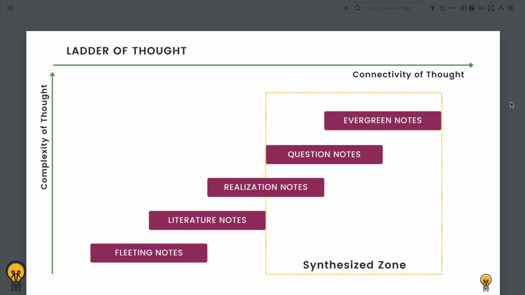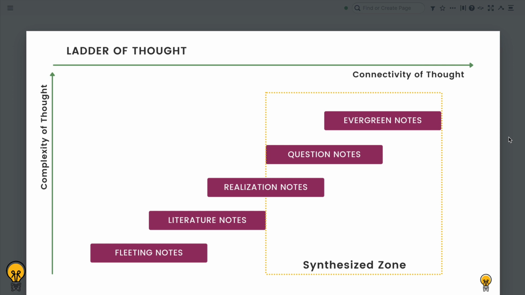So these thoughts later on, beginning with the realization notes, are actually more connected. That's why you see this yellow box here that says synthesized zone. A synthesized note is a note that is deeply connected and well thought out. This happens in your realization notes in my process.